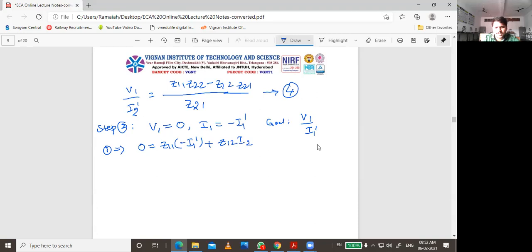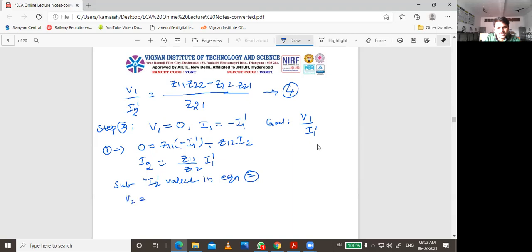Then we have to find the I2 value. So from this, I2 equal to Z11 by Z12 I1 dash. So substitute this I2 value in equation 2.